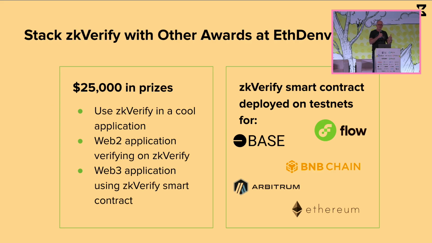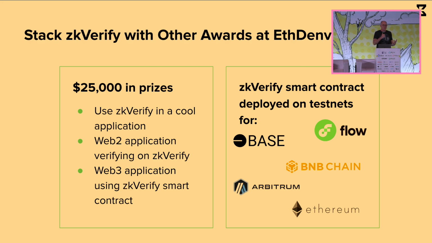All right, so what are the awards that we have here at ETHDenver? We have $25,000 in prizes. 5 different prizes, all for the same thing. Build us a really cool app, a Web2 app or a Web3 app, that uses zero-knowledge proofs, and integral to the application, creates a proof and verifies it on zkVerify. Pretty straightforward.